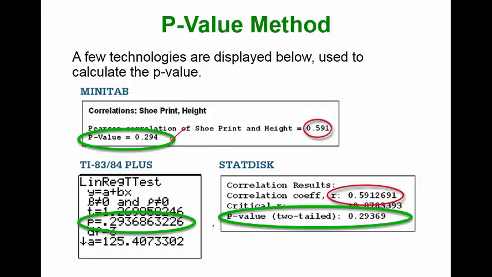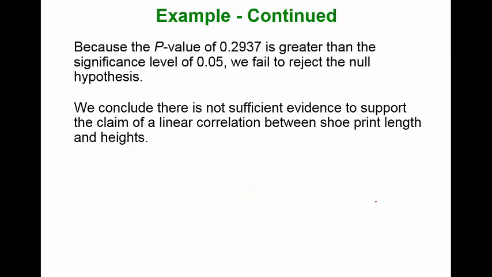The p-value for this particular problem looks like it's going to be 0.294, and if we look at that as our p-value, we simply compare our p-value with the significance level, and since 0.294 is bigger than 0.05, we fail to reject the null hypothesis. And so we come to the same conclusion where we don't support the claim of linear correlation.